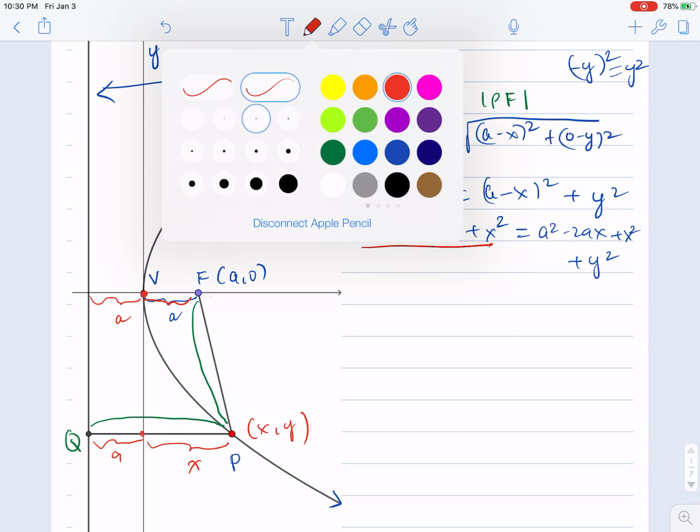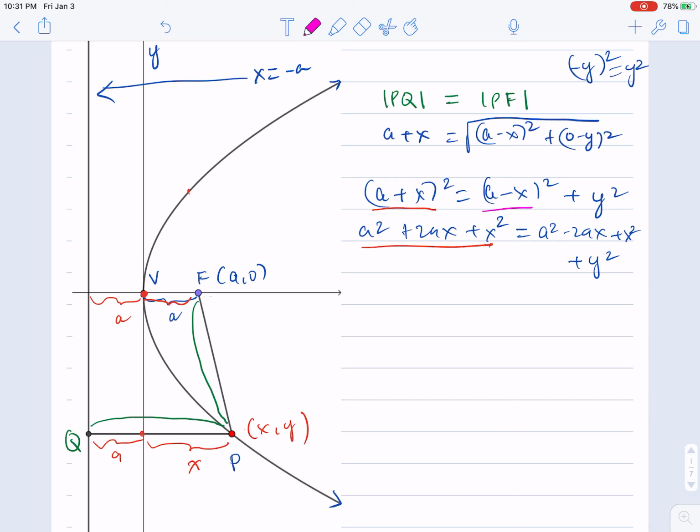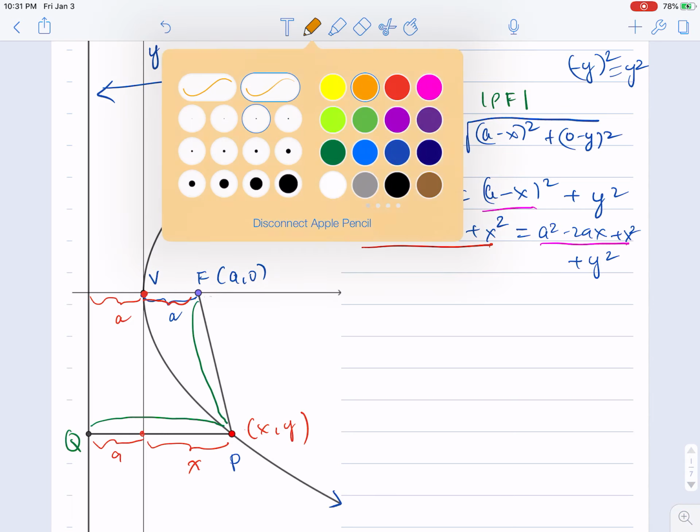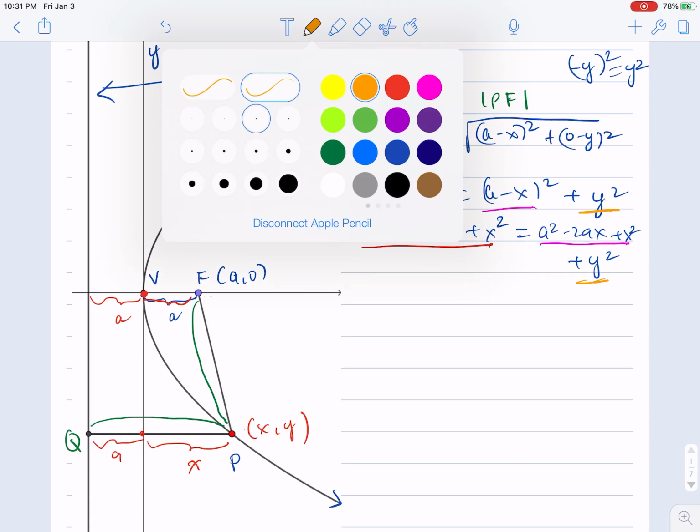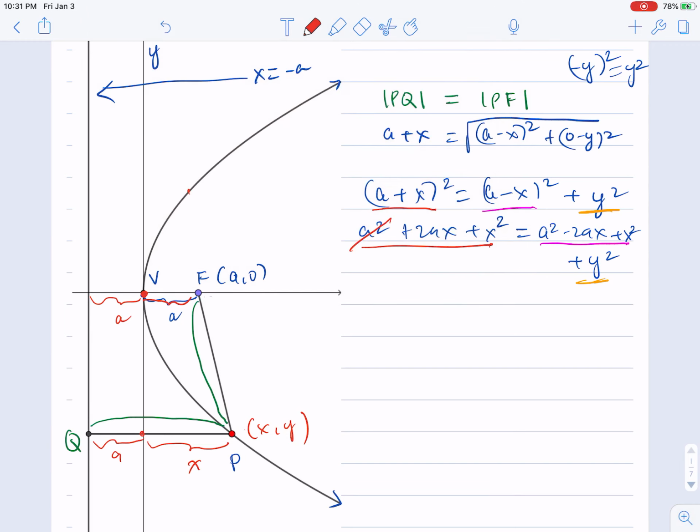Tapos, in-square ko to, naging ganito yan. Pero meron ka pang y squared. Which is ito yun. Okay? If you subtract a squared from both sides, no, makakancel tong a squared na yan. Diba? Tapos makakancel din yung x squared. Pareho sila may x squared eh.